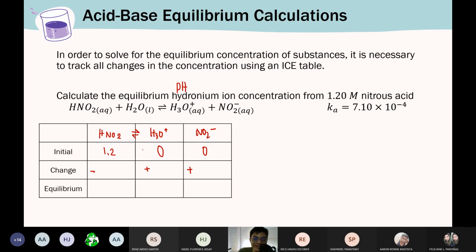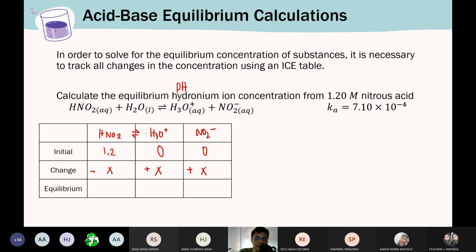I don't know, because I don't have any data pa. So, you just write X. Again, just keep in mind yung nasabi natin last time, if you have coefficient, you have to include it in your change, because it must be proportional with the number of moles. Let's say, sabihin natin, 2 to, lagyan mo ng 2x.